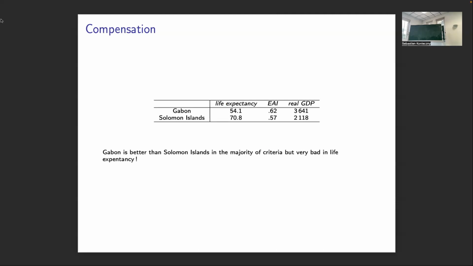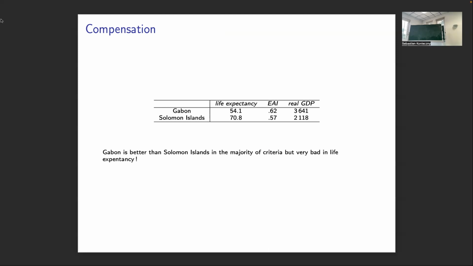They have some health problem, I think. In Solomon Islands, you can live more. About education, they are a little bit similar, but there is also a difference in GDP, because before, instead of GNI, they were using GDP. And there is a difference in their GDP per capita.